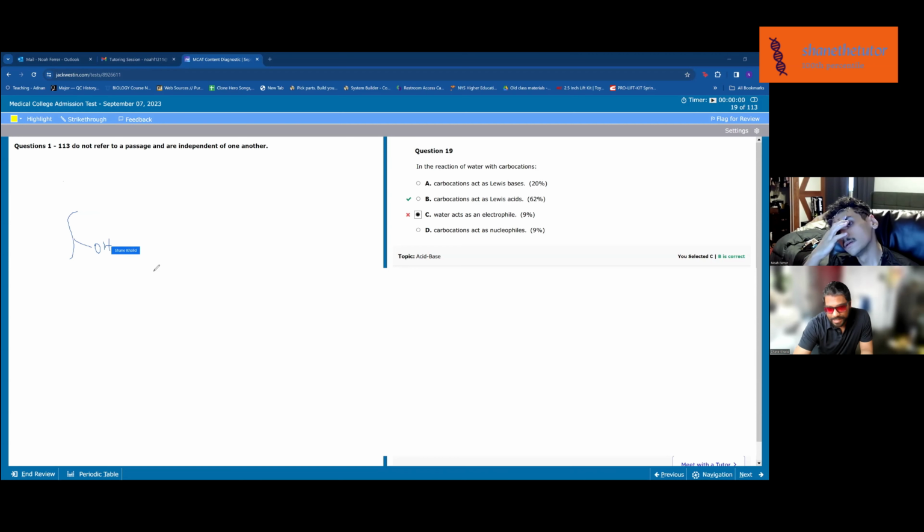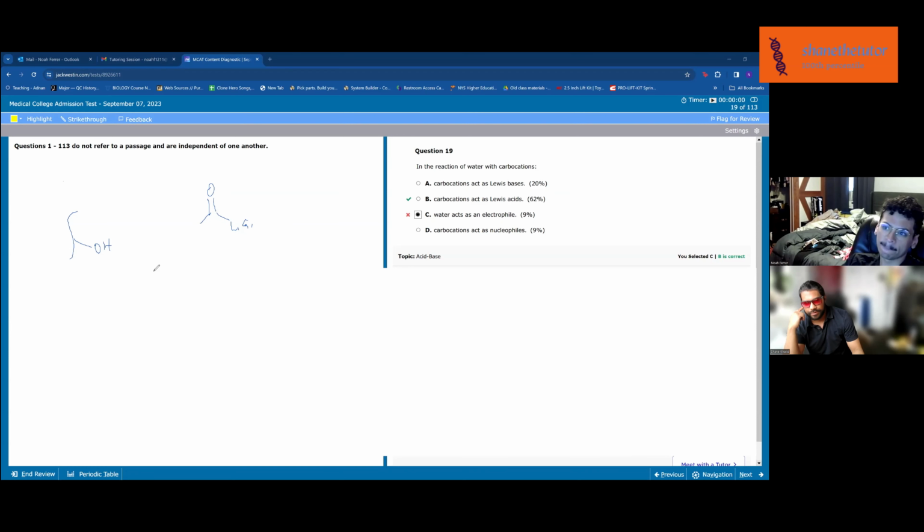So that's Bronsted-Lowry stuff, but Lewis definitions are used in organic chemistry to indicate nucleophiles and electrophiles.